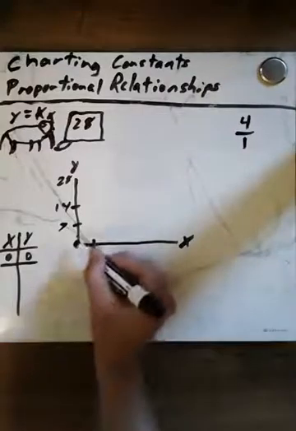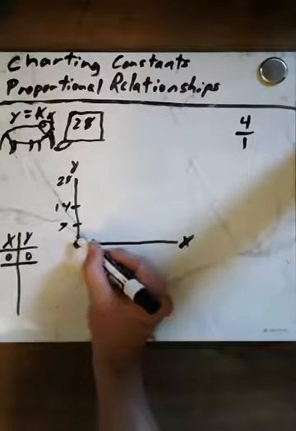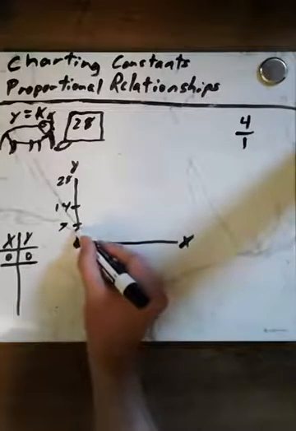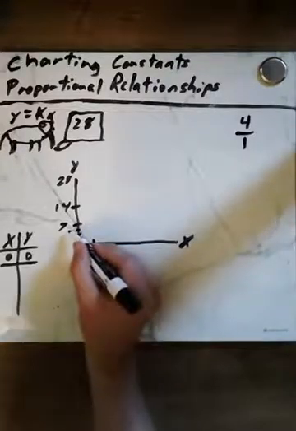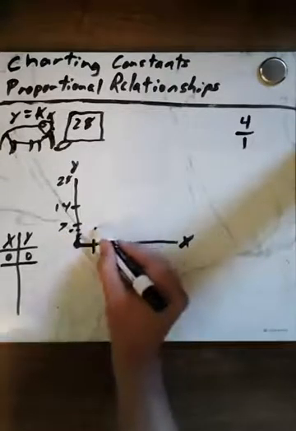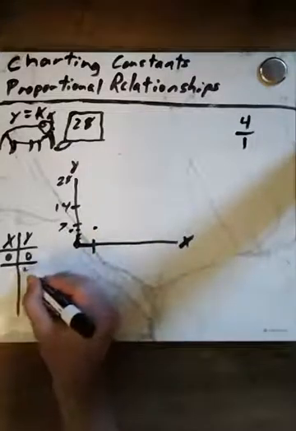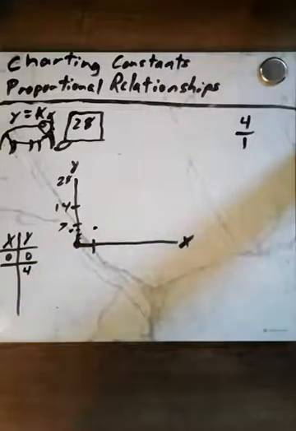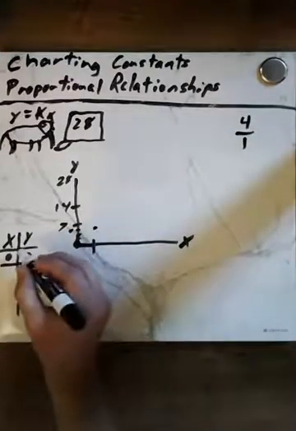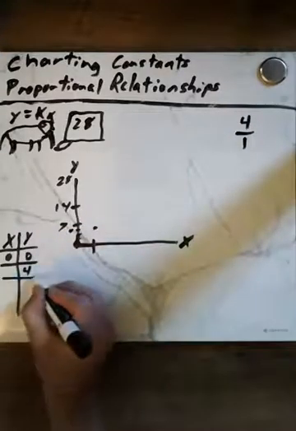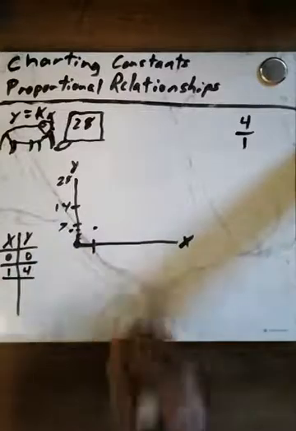So 1, 2, 3, 4. So after 1 day, we're up to 4 as our y value, and 1 is our x value in days.